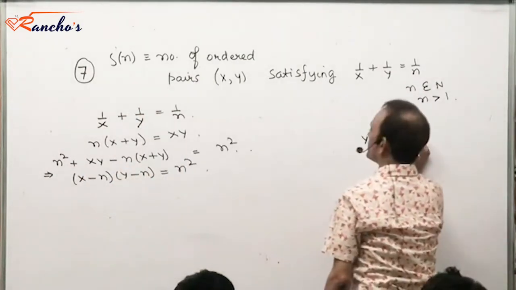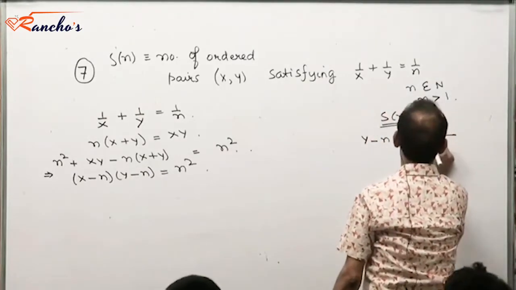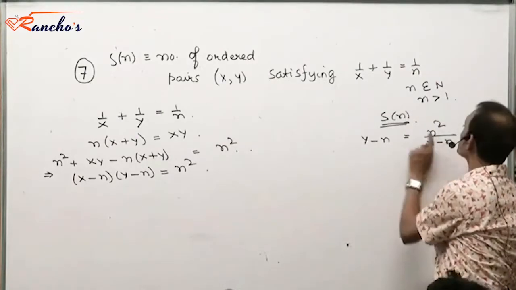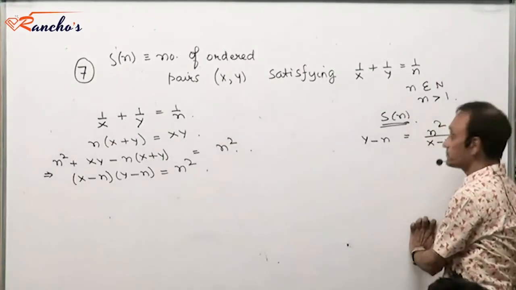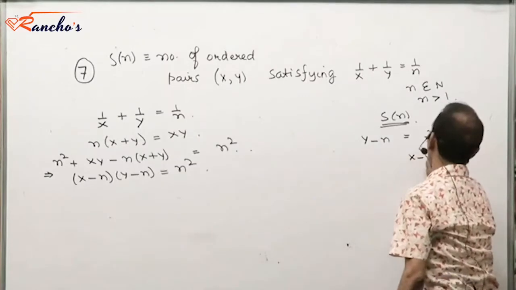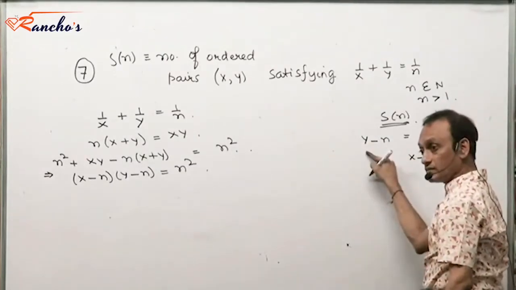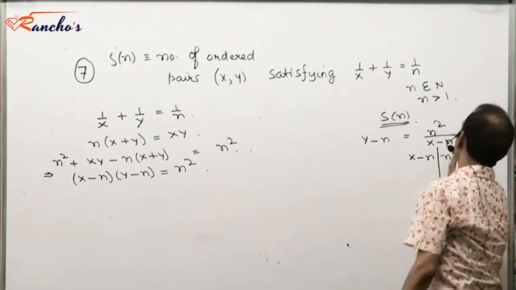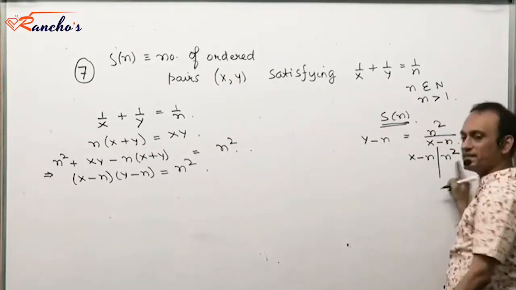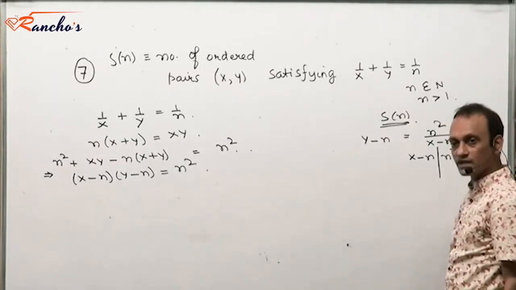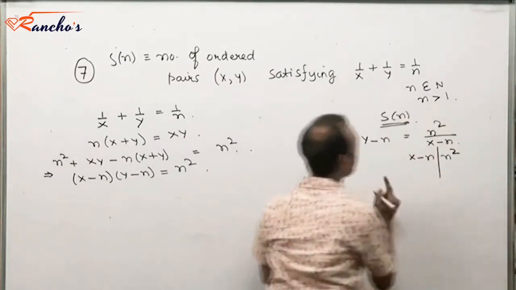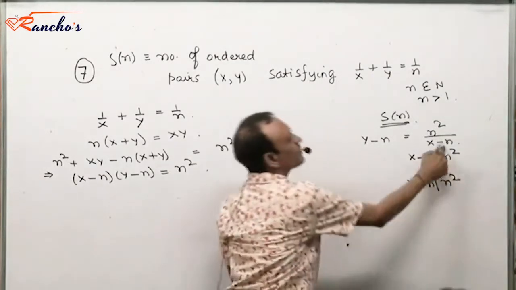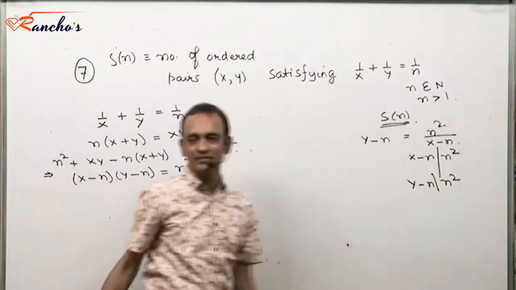y minus n is n squared by x minus n. x and y are natural numbers. That means x minus n must be a divisor of n squared. Yes or no? Because this is an integer, right? n squared by this, that means x minus n divides n squared. Similarly, y minus n also divides n squared in exactly the same way, because x minus n can be written as n squared by y minus n.